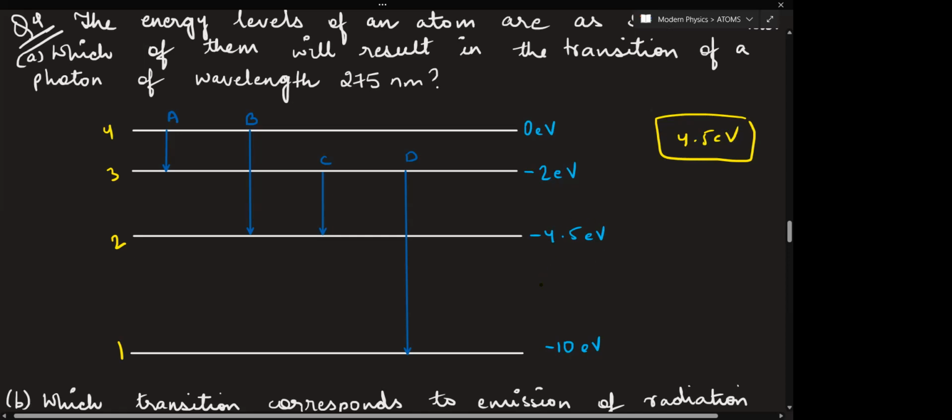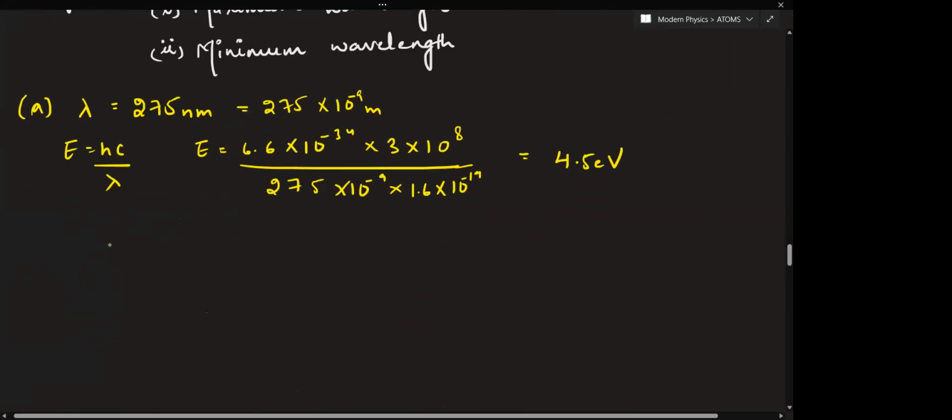So which difference can give us this number as positive? Definitely 4.5 will be involved. But in order to make it positive, we should have a negative sign, and the magnitude should not change. So if I write E4 minus E2, the energy for the fourth level is given as 0 electron volt, minus the energy at the second level, which is given as minus 4.5.